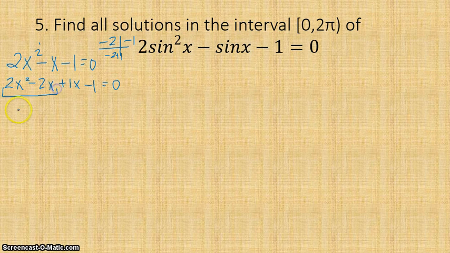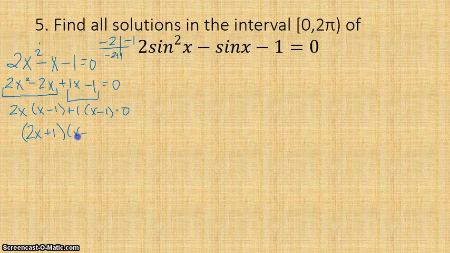If I group the first two together, I can factor out a 2x, and I'm left with x minus 1. The second pair, I can factor out a 1, and I'm left with x minus 1. So this is factored into 2x plus 1, and x minus 1 equals 0.